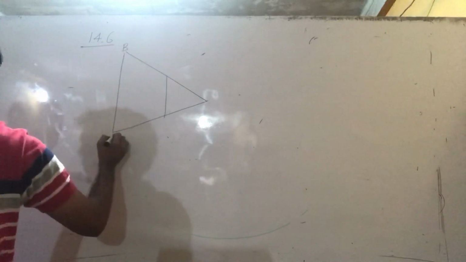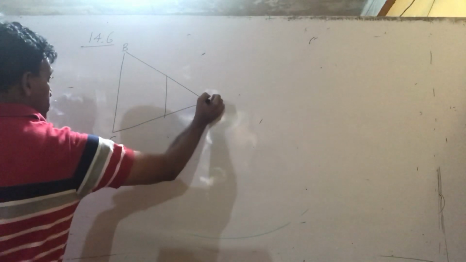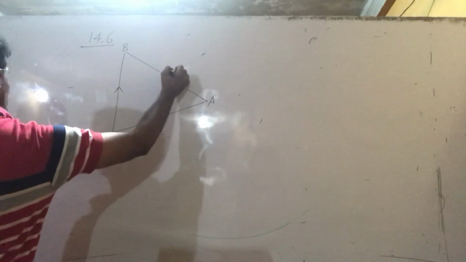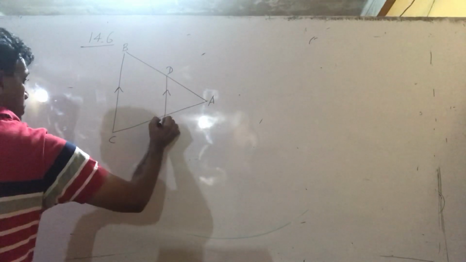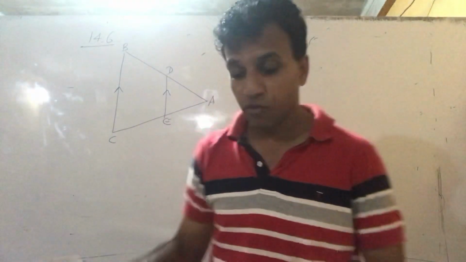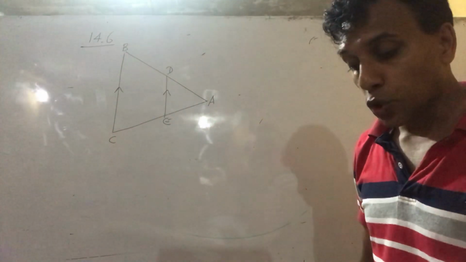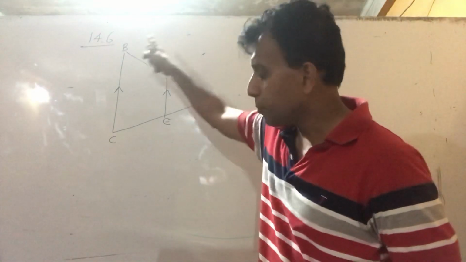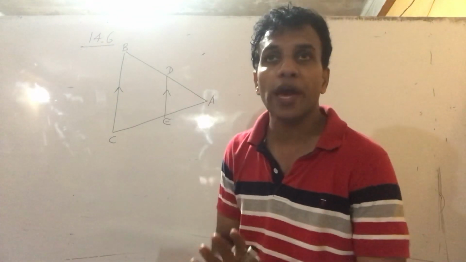Here they said ABC is a triangle, the lines given as parallel. So these types are like proving problems. Based on the information given below, show the triangles ADE, ABC are equiangular.